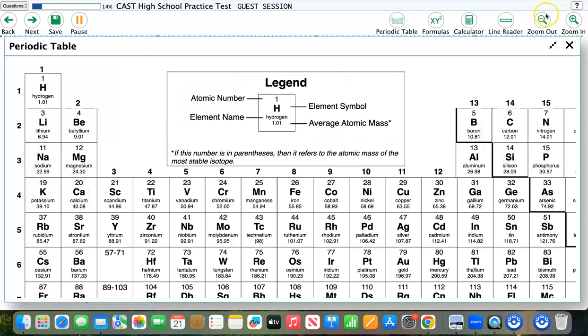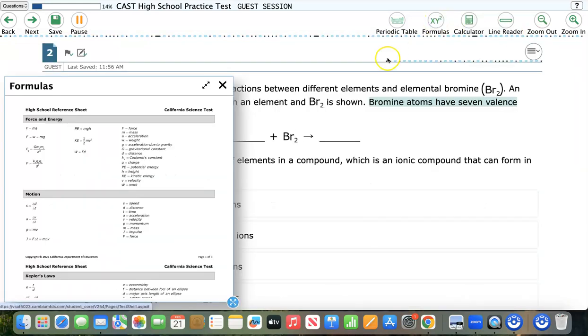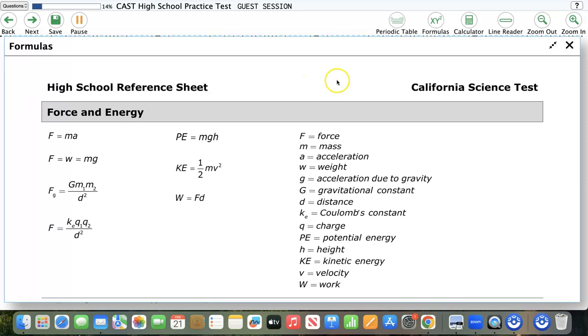If we go to, oops, let's X out of this, the formulas, I want to make you aware of what is on this formula page, just so you know before you go into the test what's actually available for you. So here we go.